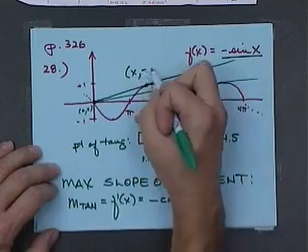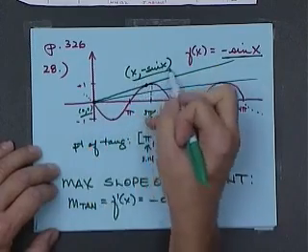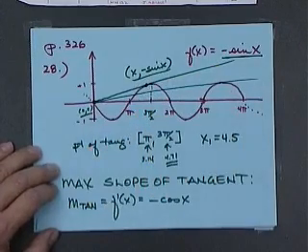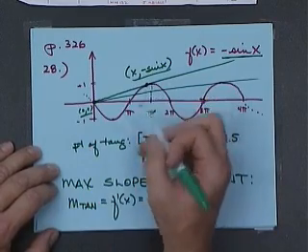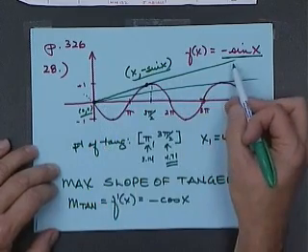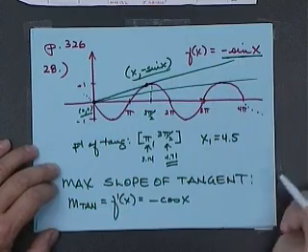Yes. So if we have 2 points on that tangent line, can't we find the slope of that tangent line? Yes. 0, 0. It has to go through the origin, and then it has to go through this point, and that point is any point on this curve, because the y value is always negative sine of x.